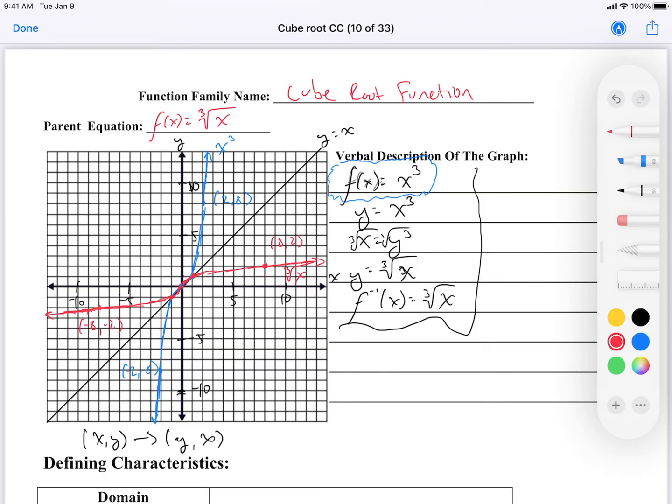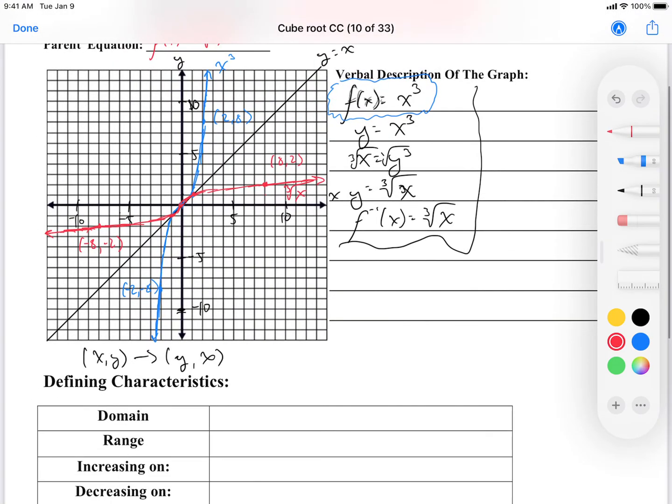So now let's talk about the defining characteristics, okay? Who can tell me what the domain of this function is? Again, we're looking at the red one. Who can tell me what the domain of the red one is? All real numbers.